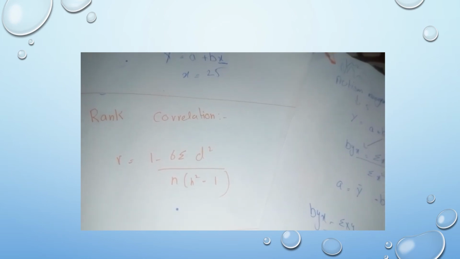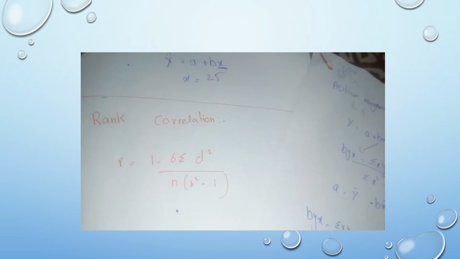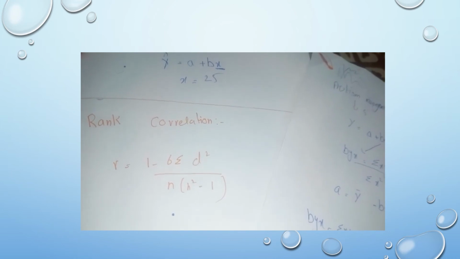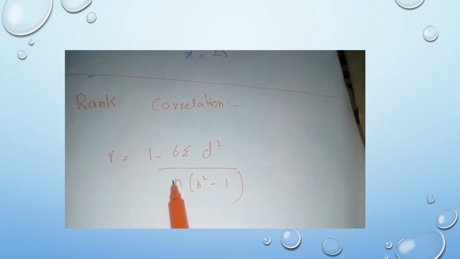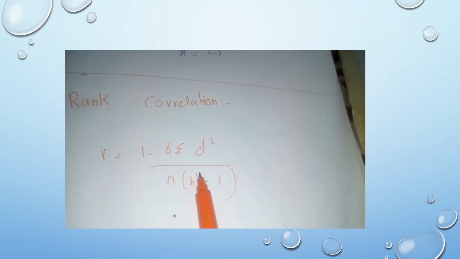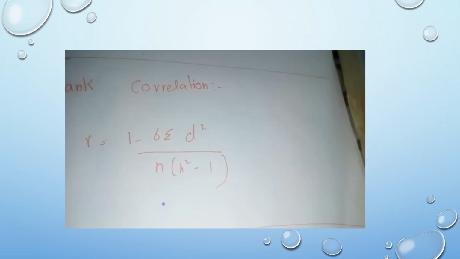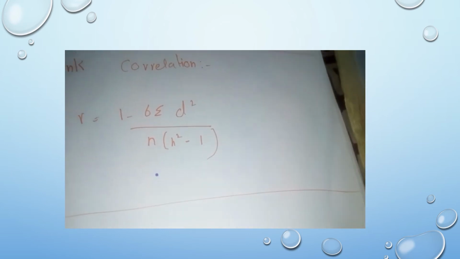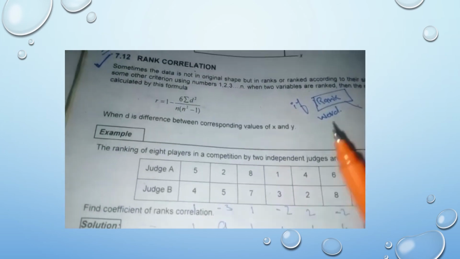There are three types of rank: questions in which ranks are given, ranks are not given, or ranks are equal. This is the formula of rank correlation: 1 minus 6 summation d square divided by n square minus 1. In this question the ranks are simply given.